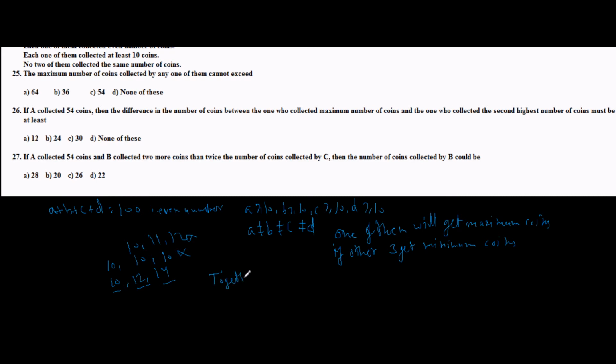So together, minimum coins the other three can have is equal to 10 plus 12 plus 14, which is 36.